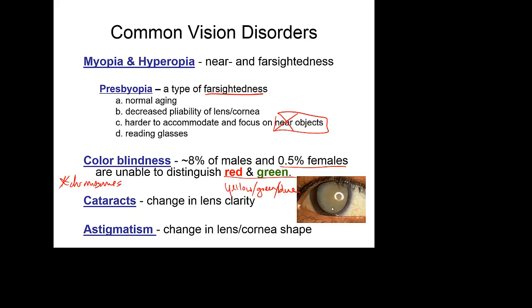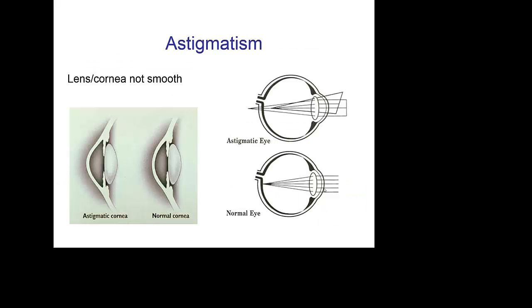Cataracts affect your lens over the course of your lifetime. We do have all kinds of surgeries now that help adjust and deal with cataracts in individuals, but it deals with your ability to get that light clearly through your eye. And remember, we said this is the difference between looking through a glass of water or a glass of milk. Astigmatisms, as we mentioned, are changes in your lens shape or your cornea shape over the course of time.